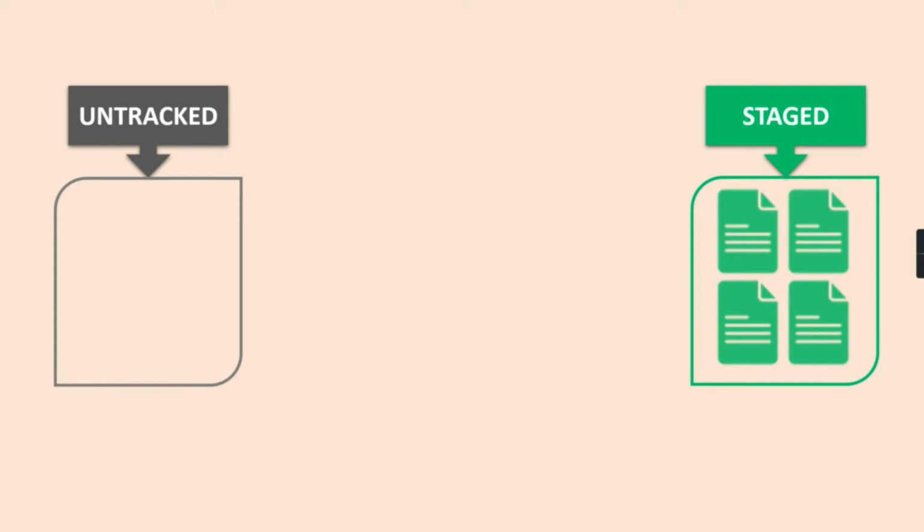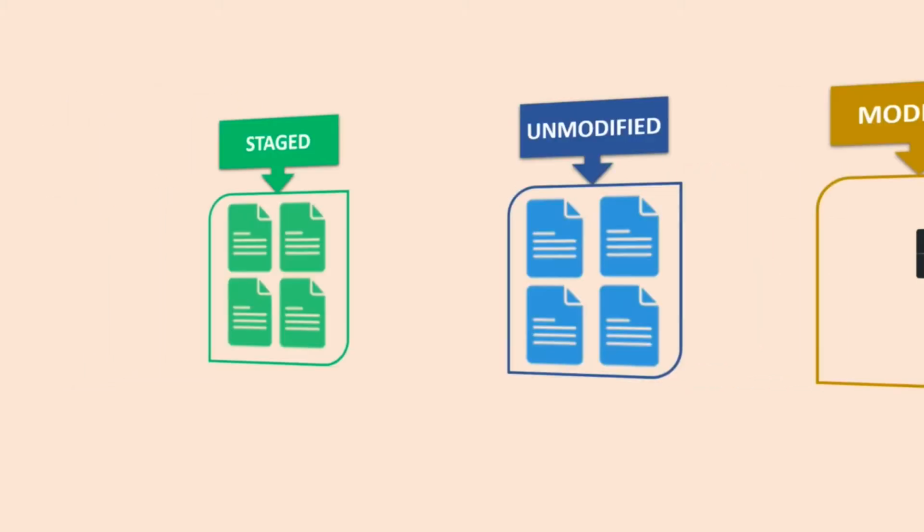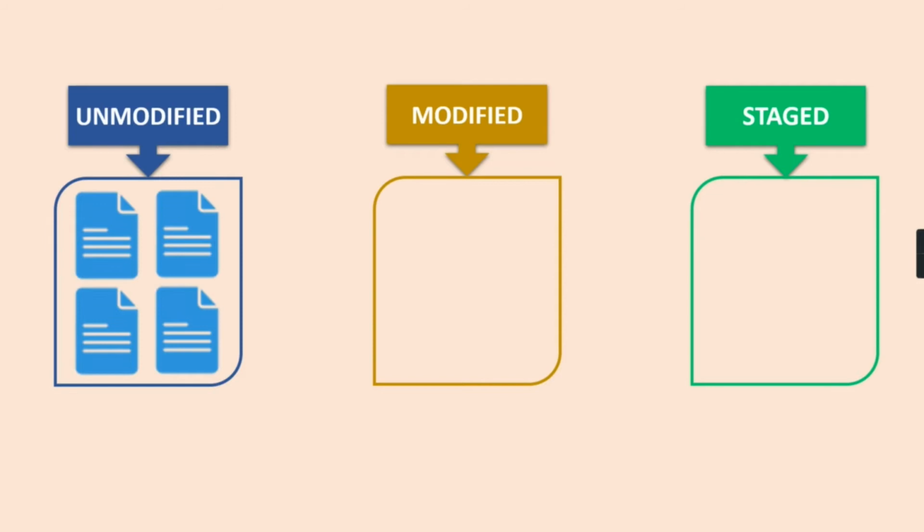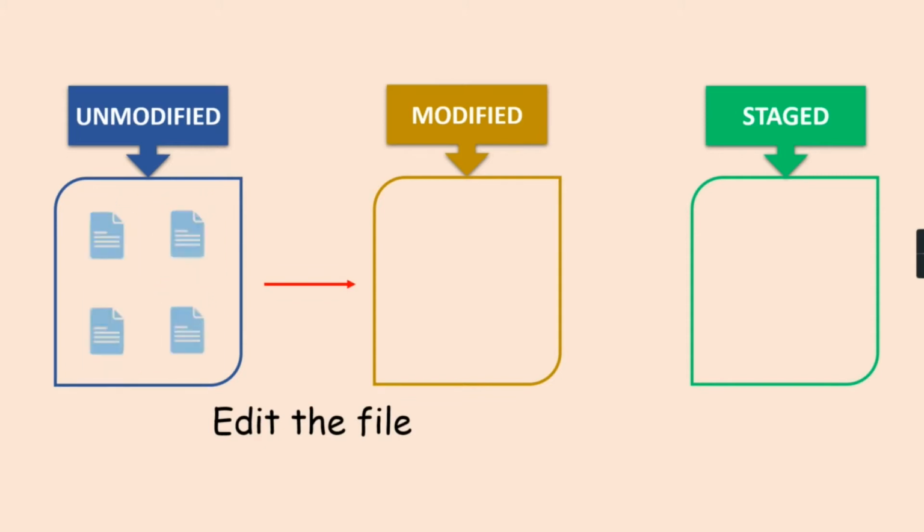Next, let's see how files move between unmodified, modified, and then the staged area. The files present in the unmodified area are well known to Git but haven't had any changes since the last commit. Any change to these files, whether a single letter, a word, or anything, transfers the file into the modified area.